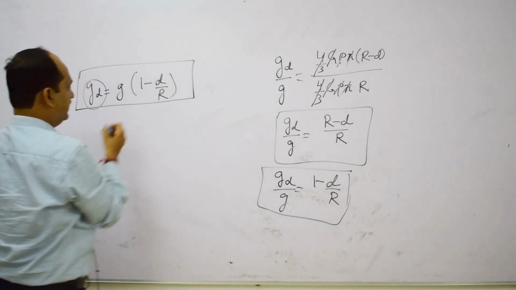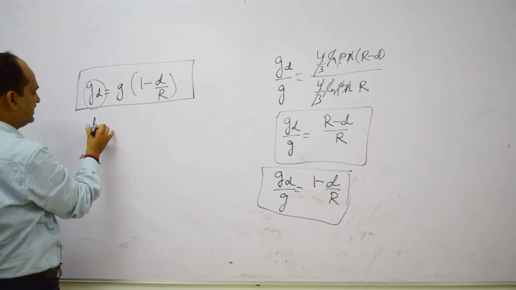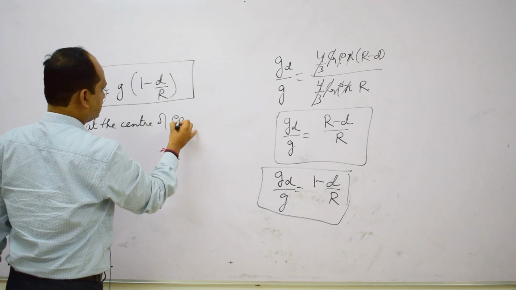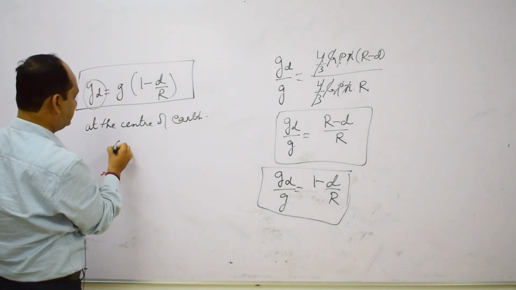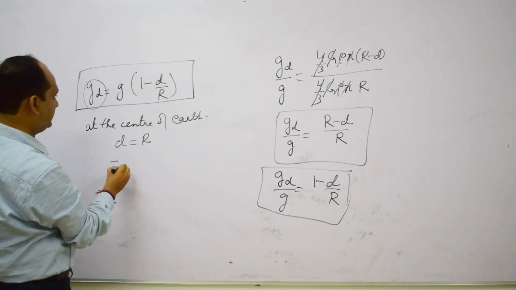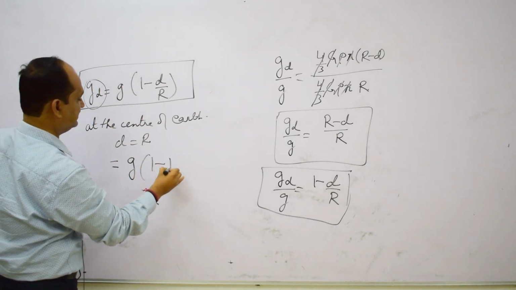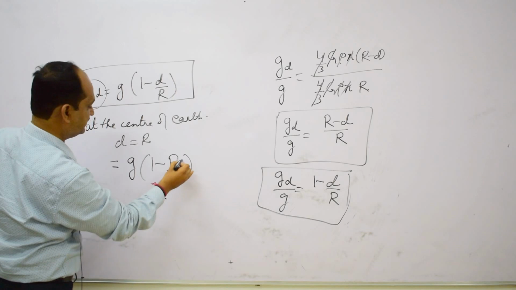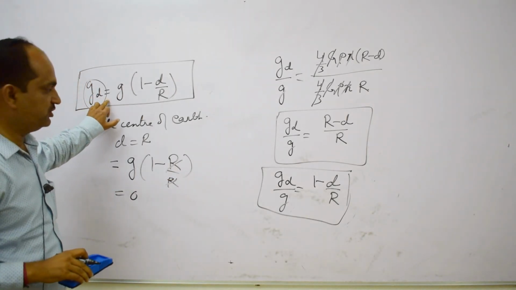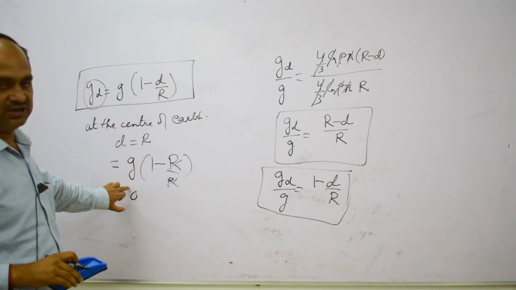If we consider the center of earth, d = R. By putting it here we get g(1 - R/R), that becomes 0. So the value of acceleration due to gravity at the center of earth is 0.